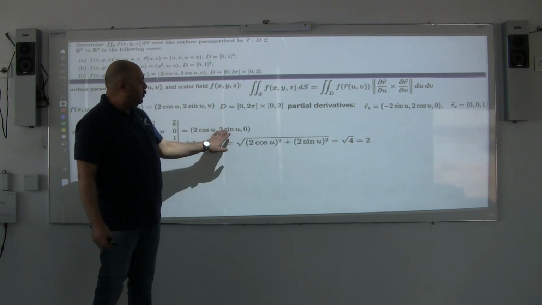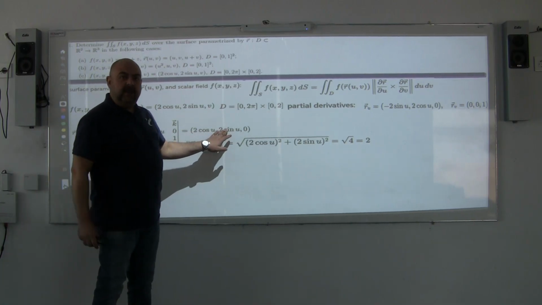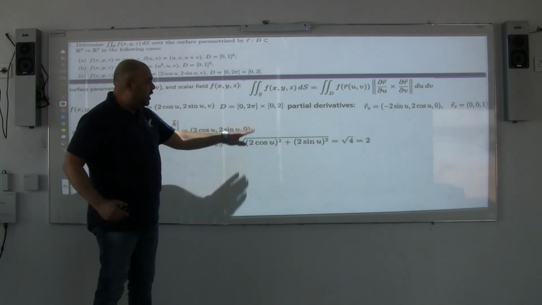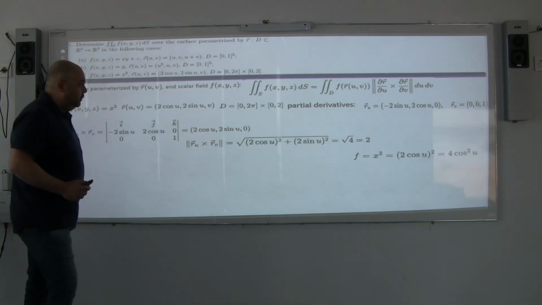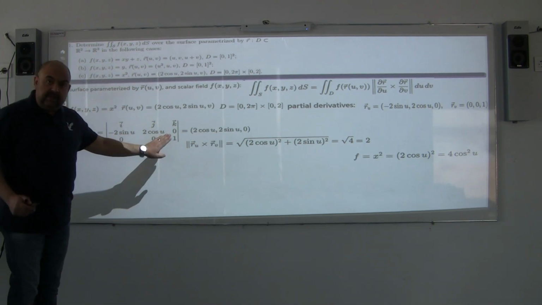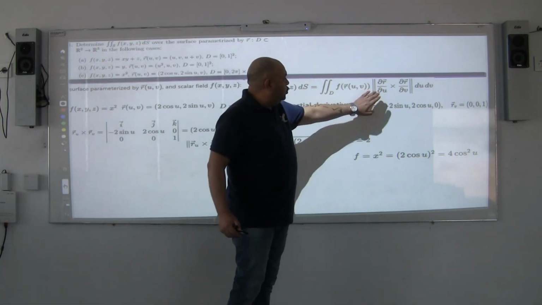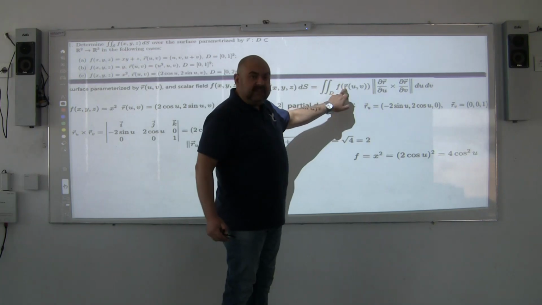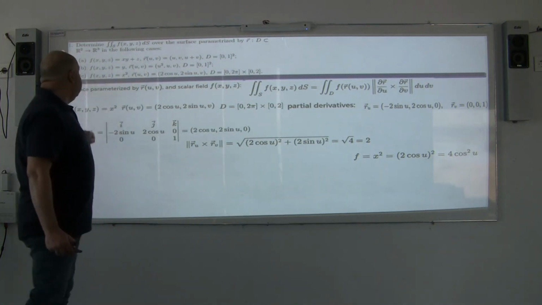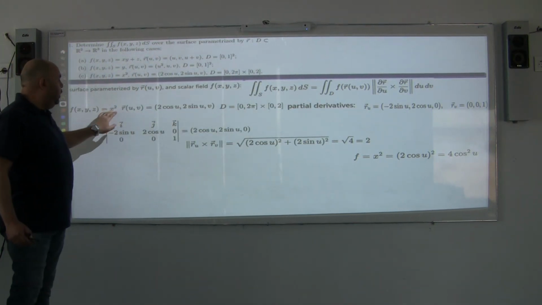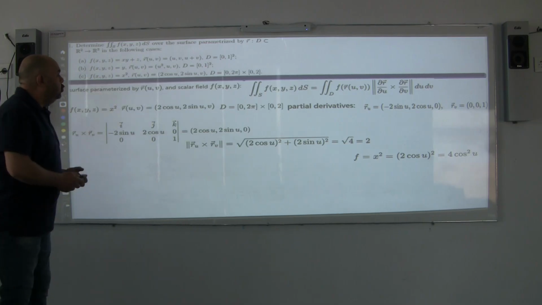4 cosine squared, 4 sine squared, take 4 as a common factor, and under the square root, so it's going to come up to 2, as you can see. Now I have the value of the cross multiplication evaluated, which is 2. I will get f as r. So as you can see here, f is a function in x squared. I will replace x by 2 cosine u.